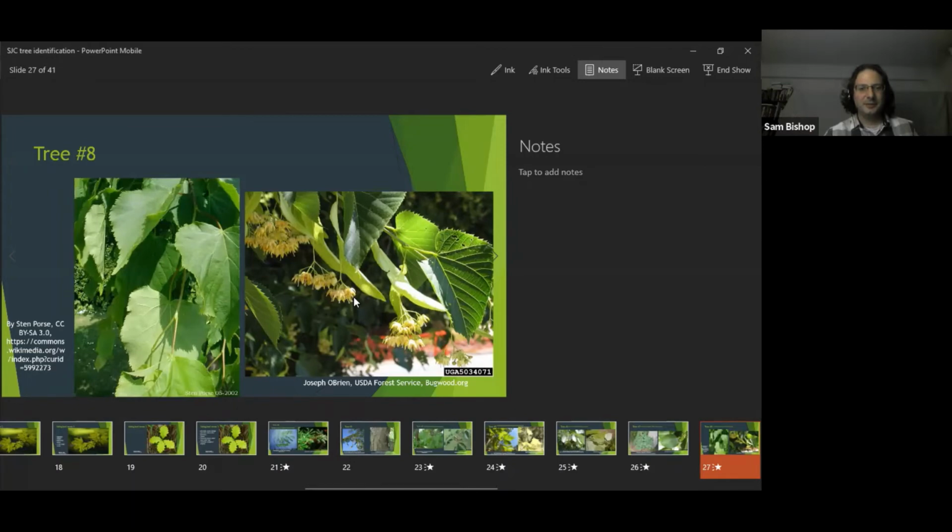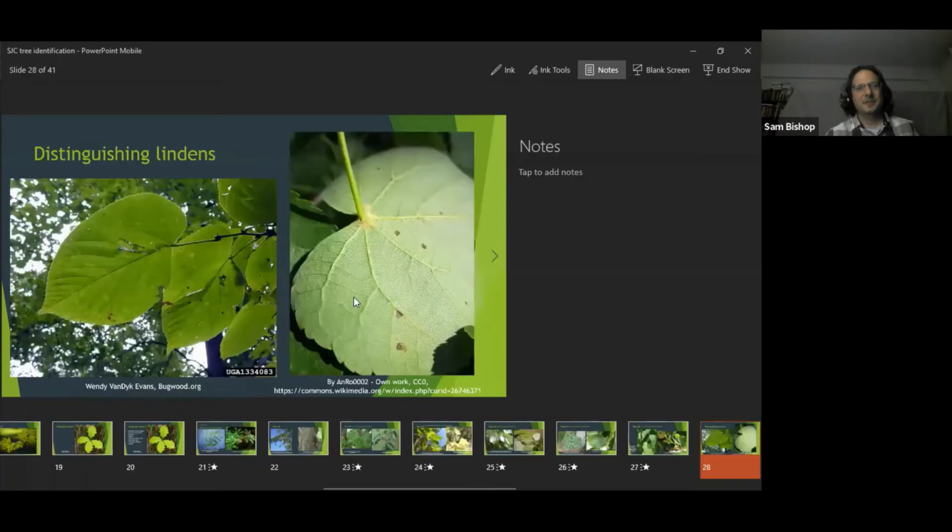Now, if you really want to get fancy, the way to distinguish these trees is to turn the leaf over and look on the bottom of the leaf where the leaf stem joins the leaf. Earlier in the summer it will usually be white.